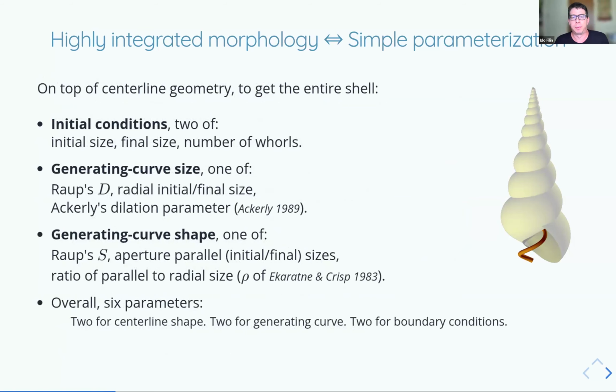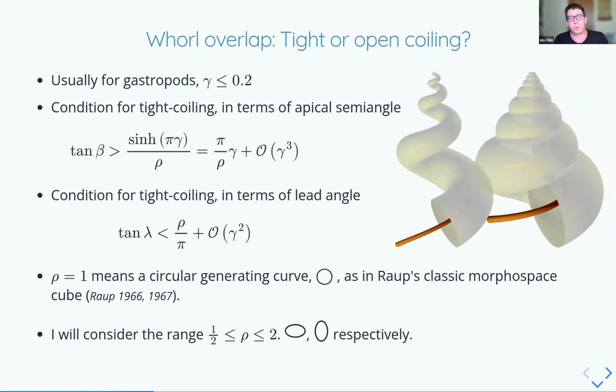On top of these two parameters for the center line, we need the initial conditions, when to begin and when to stop the growth of the shell, and some parameters for the generating curve, but the entire surface of coiled shells can be described by 5 or 6 parameters, depending on how complex a situation you want to model.